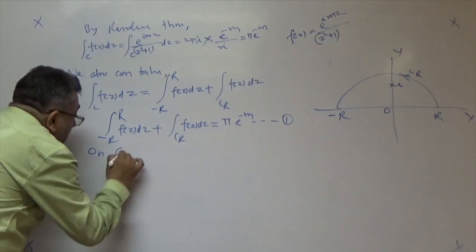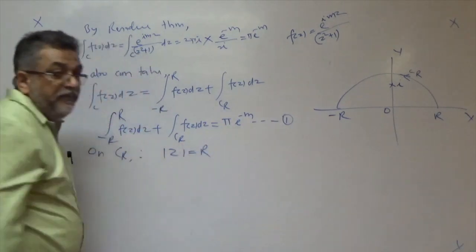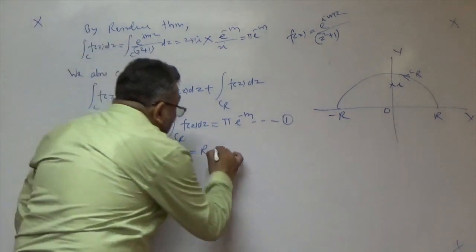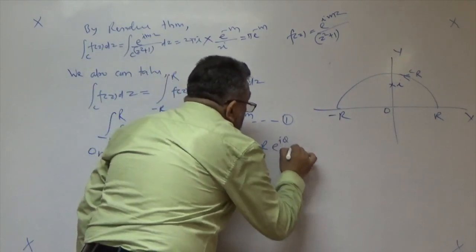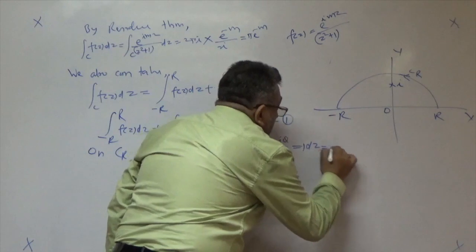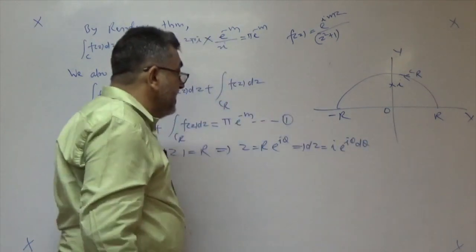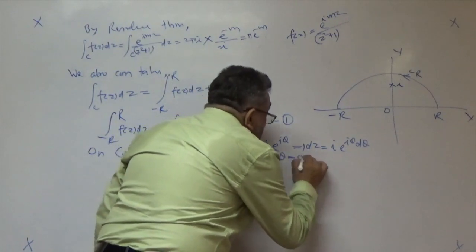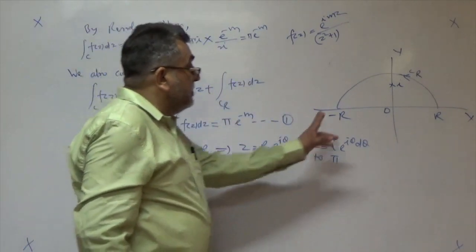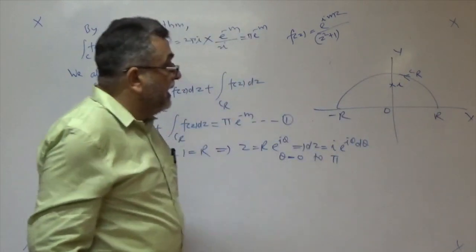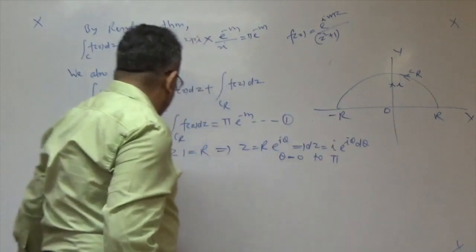On CR we have mod z equal to capital R. This is the equation of a circle, and if you open this in polar form, this is z equal to R e to the power i theta, so dz equal to i e to the power i theta d theta, and theta lies between 0 to pi, because this is a semicircle.